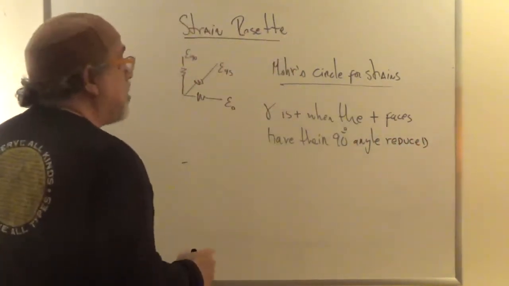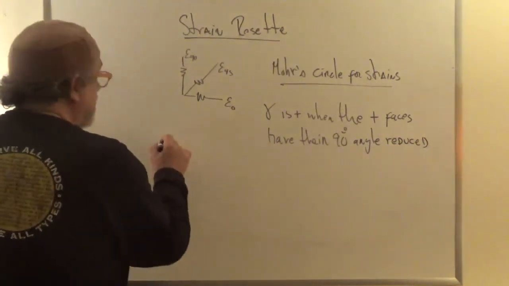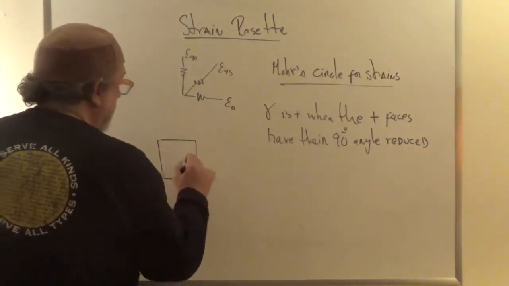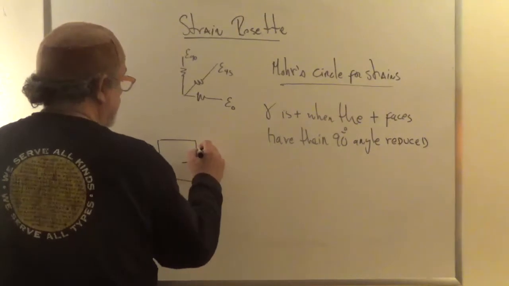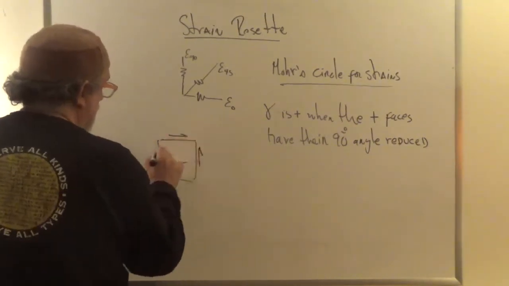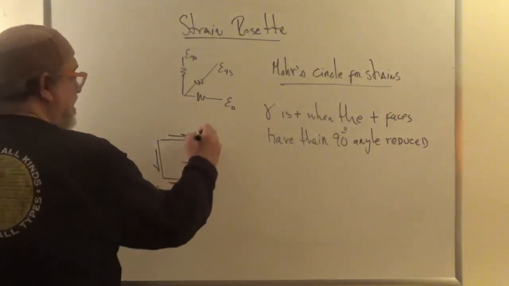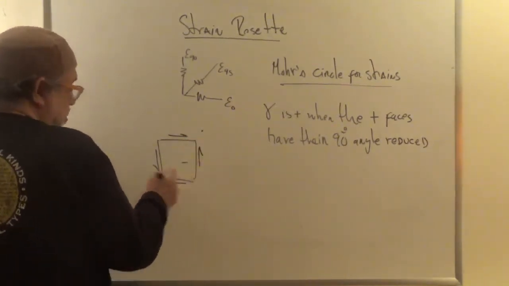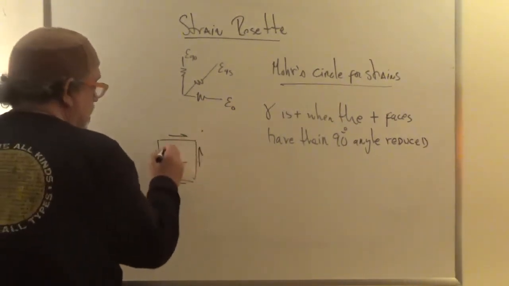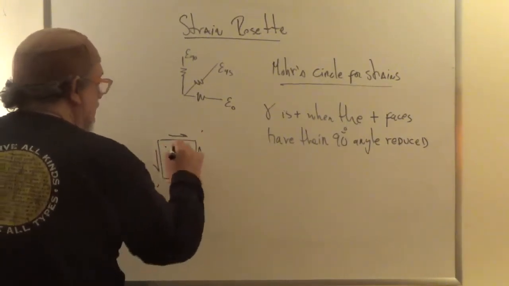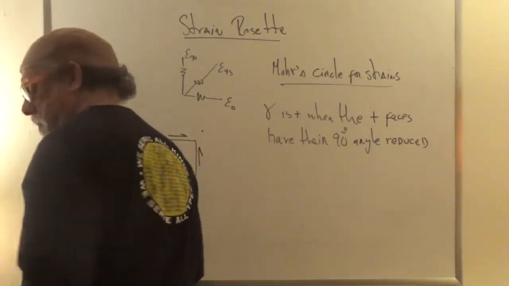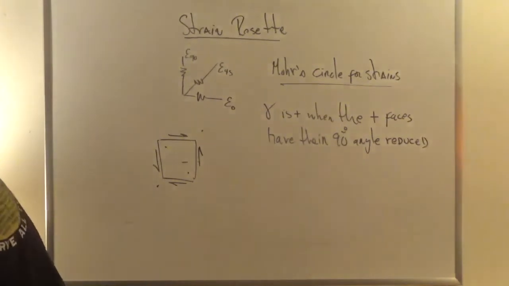So a positive shear strain is this. So if I have stresses like that, that side, these two tend to combine this way, those two tend to combine that way, this one moves in. And so the element tends to deform.